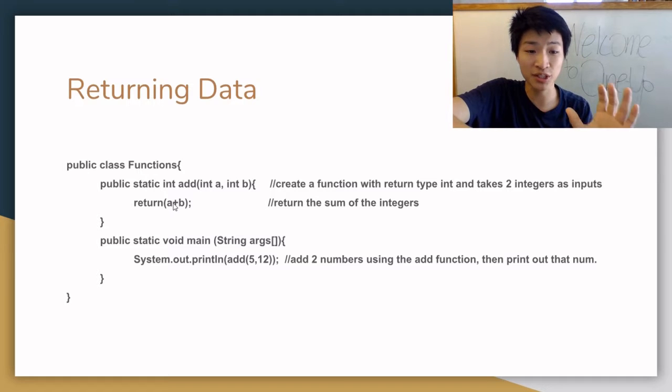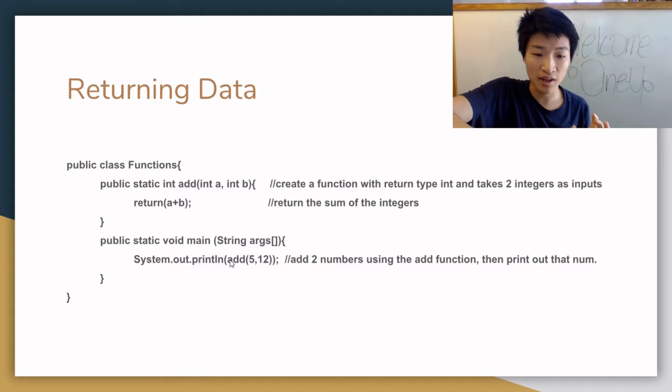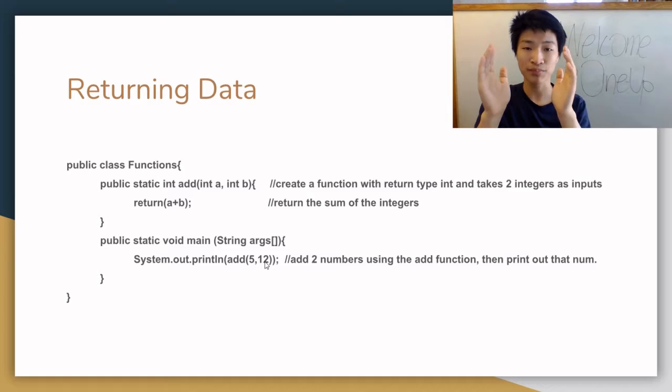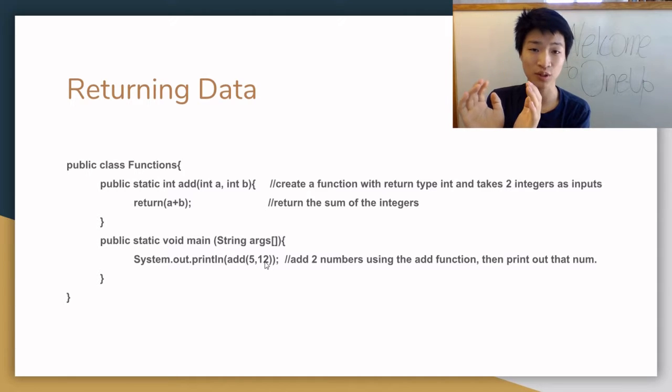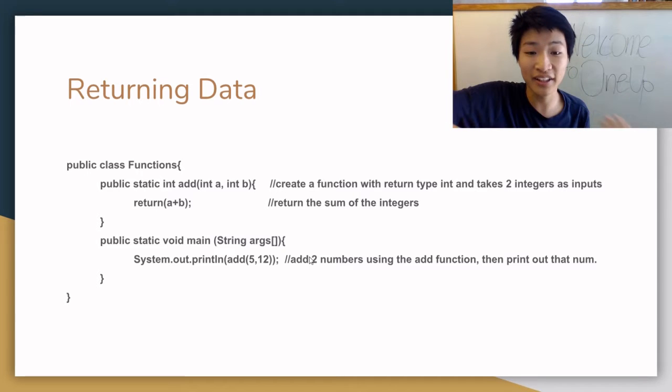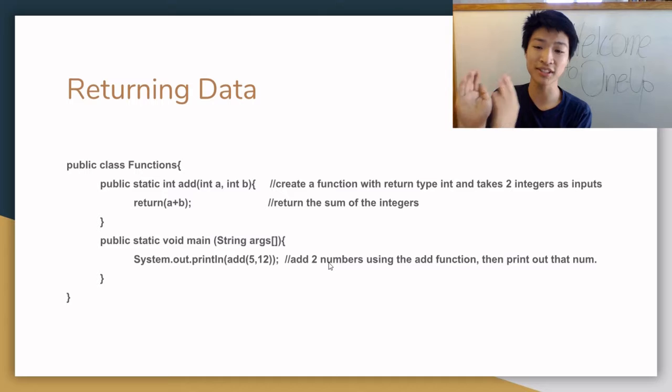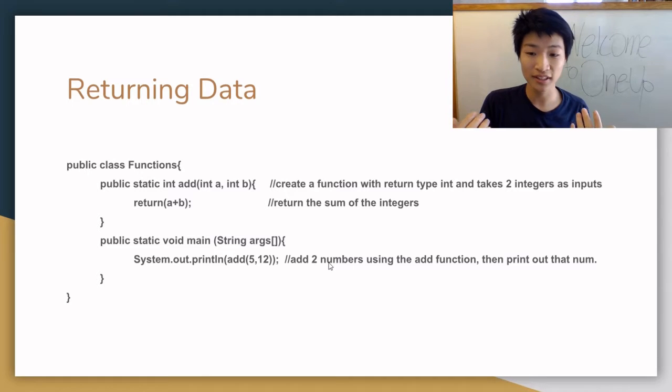And then it will return a plus b, which means when I say add 5 and 12, it'll instantly replace itself with 17, because that's what 5 plus 12 is. And then another comment: it adds 2 numbers using the add function, and then prints out that sum. Using functions is super important, because this is how we're going to be taking in and outputting data.